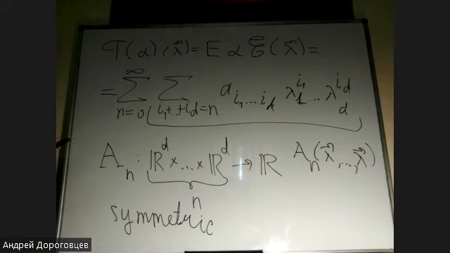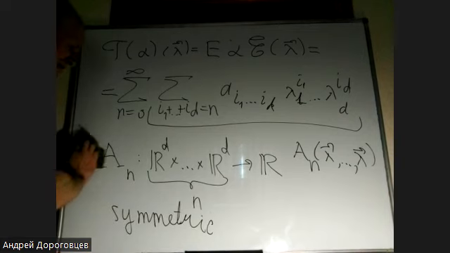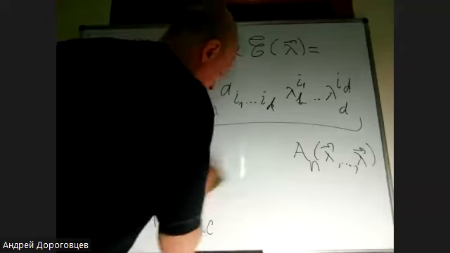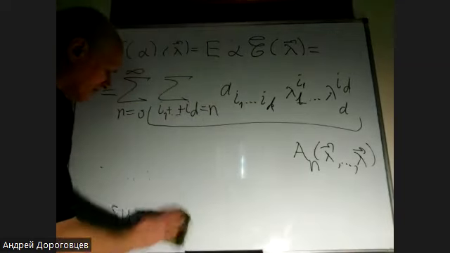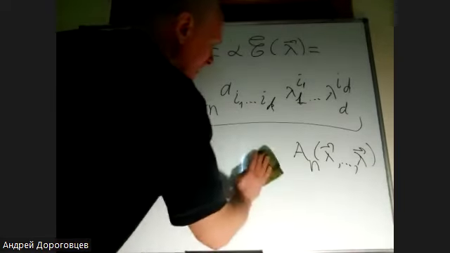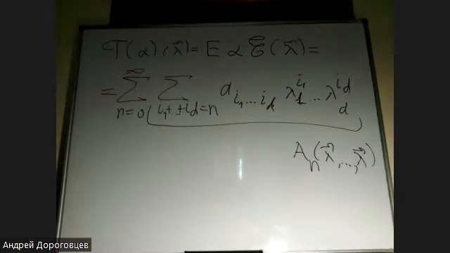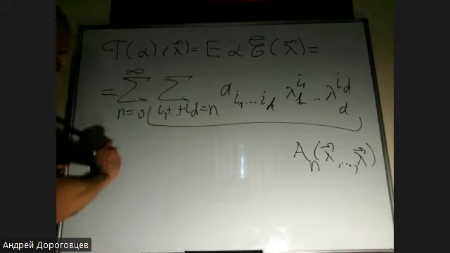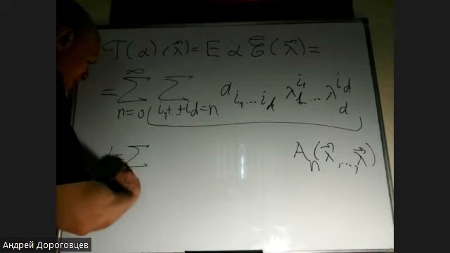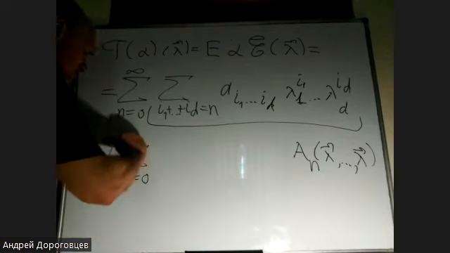From this point of view, one can say that when we consider random variable alpha, which is square integrable with respect to our initial standard Gaussian vector, then it occurs that alpha is equal to the sum from n equals 0 to infinity.